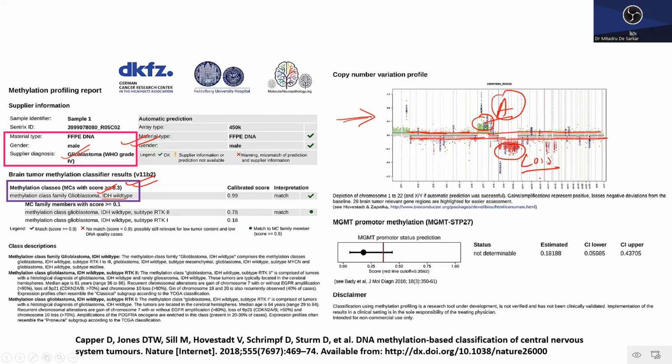However, you need to keep in mind that it has not been clinically validated, and it's only used for research purposes; these things have not come into routine clinical practice yet. But WHO seems to be stressing on that, and maybe by the next WHO classification, we shall see a routine incorporation of DNA methylation profiling in the diagnostic workup of brain tumors.